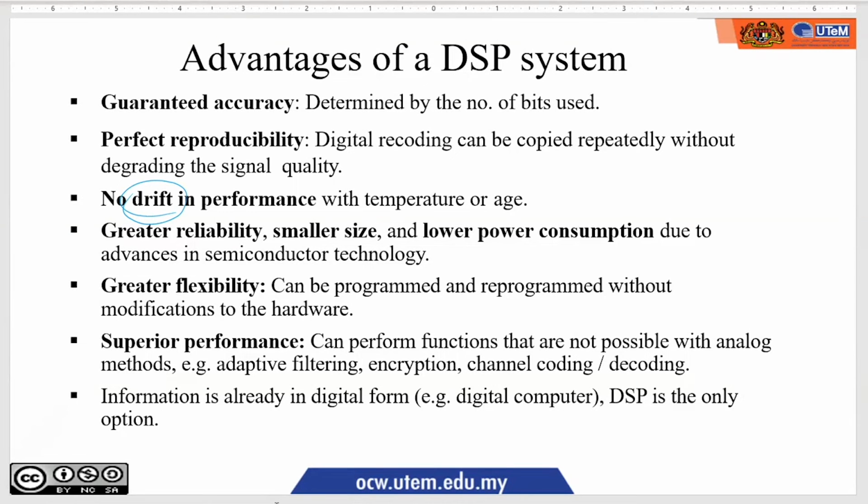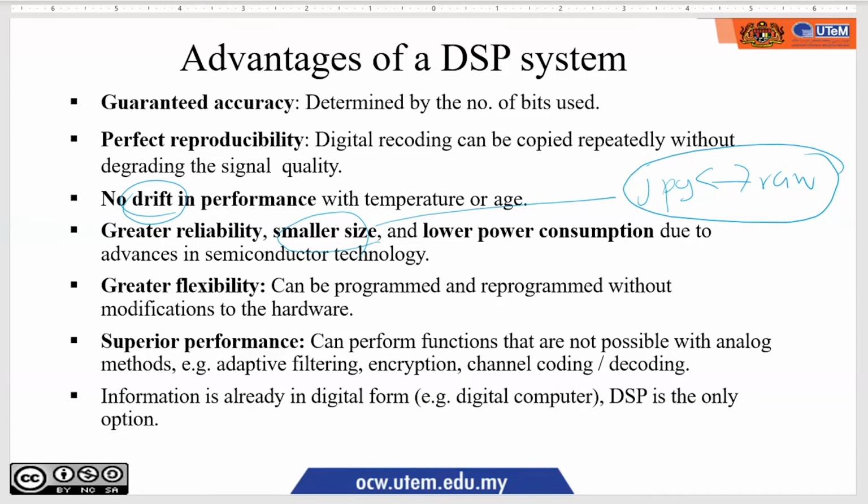Greater reliability, smaller size. This is obviously small, because you can take a look at a JPEG file versus RAW. I think some of the boys know about this, maybe the girls too, who are very keen about photography.